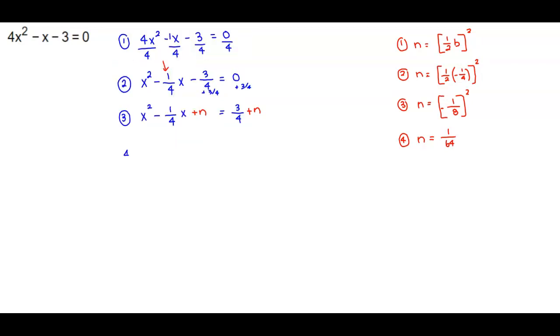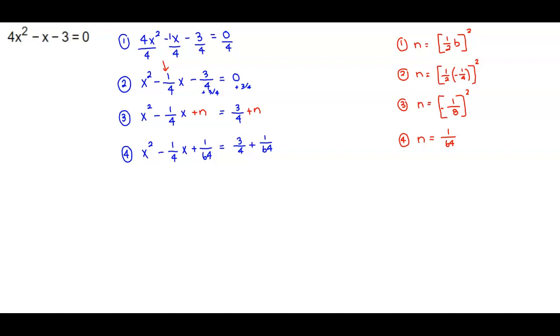So now in step number 4, we have x squared minus 1/4 x plus 1/64, and then that is equal to 3/4 plus 1/64.